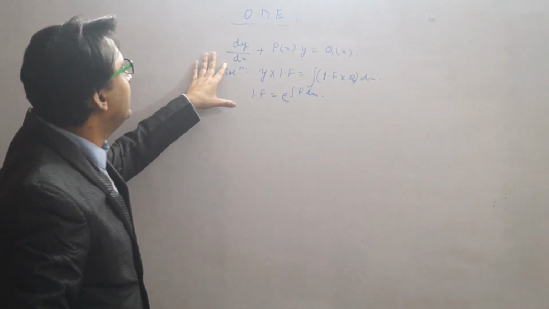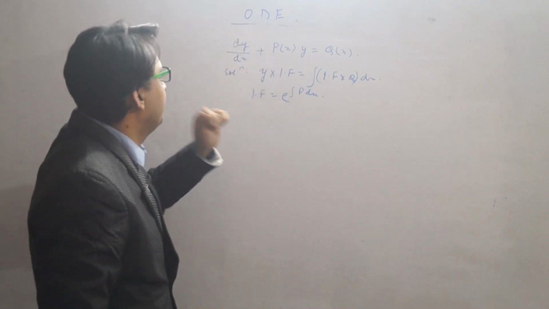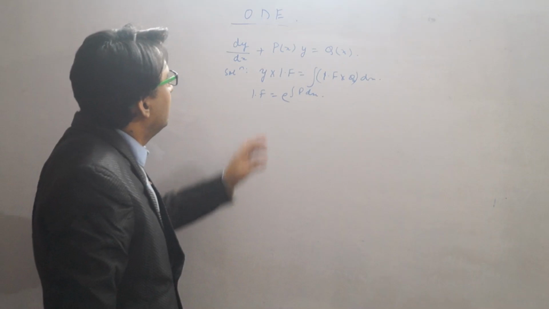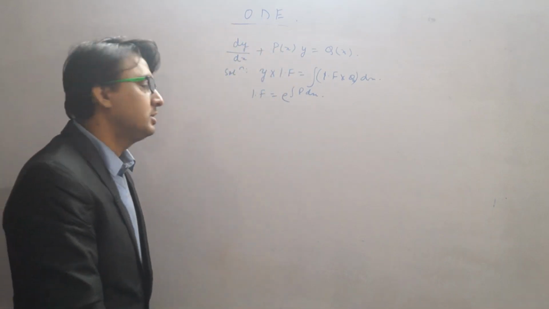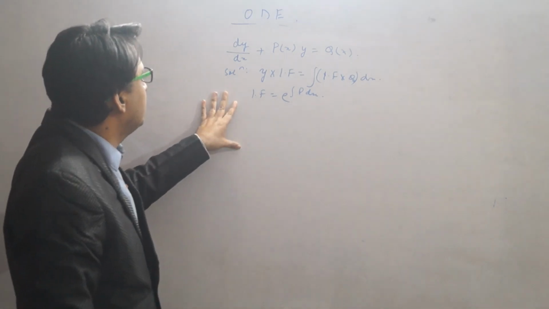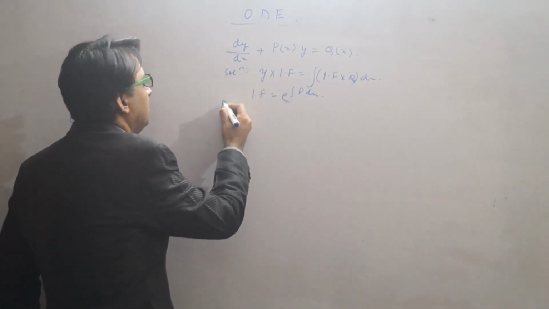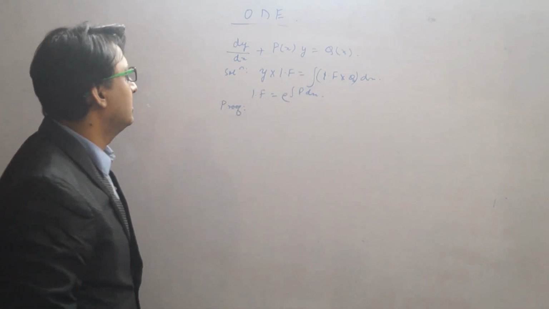In this linear differential equation, the degree is 1, and today we are going to discuss only the first order differential equation. So in today's lecture we are going to solve some more problems after this proof, and the Bernoulli equation.